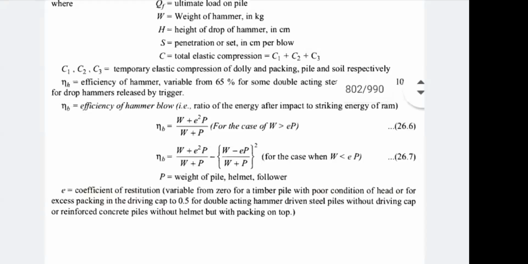E is nothing but the coefficient of restitution, varying from 0 to 0.5 for a timber pile with poor soil condition, with a single packing in the driving cap. Remember the value of e varies from 0 to 0.5 for a single packing hammer, and also for a double packing hammer without a driving cap, or a reinforced pile without a helmet.